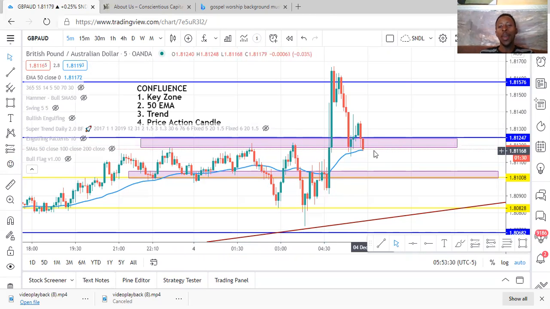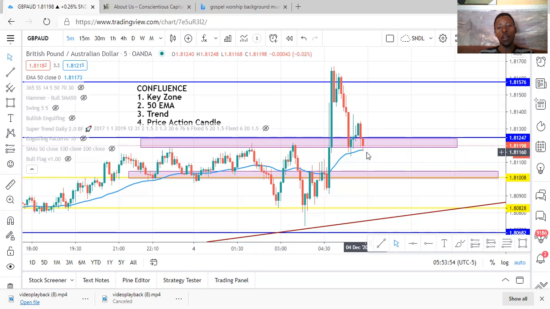So you should expect a rejection, either upward for the trend to continue upward, or if our zone is broken, then definitely the trend is going to change.